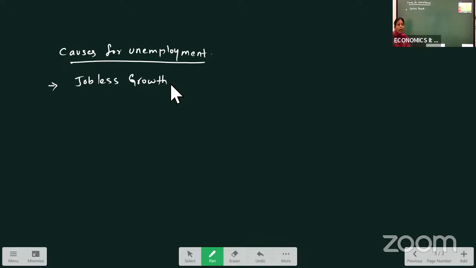In India, after independence, as the GDP was increasing, employment was also increasing. But when the population suddenly increased, GDP growth and jobless people growth both increased.